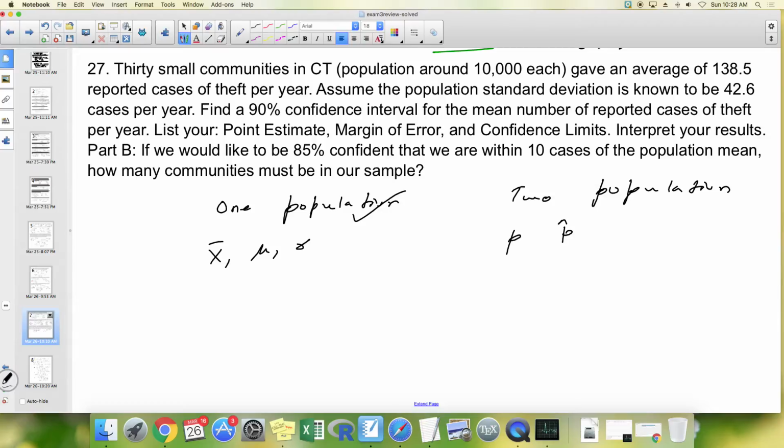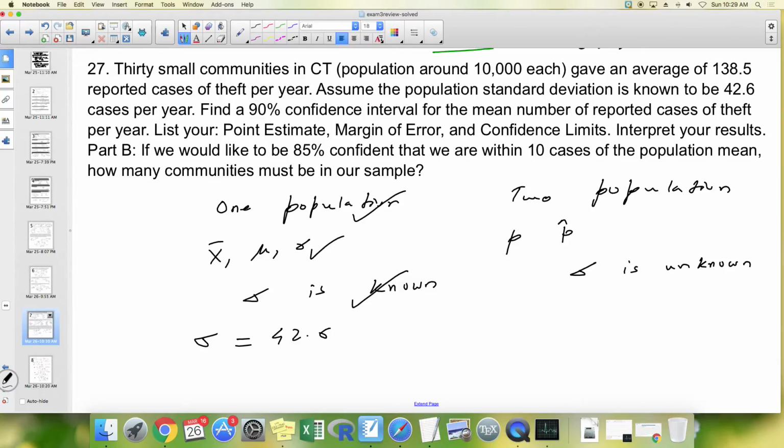So if you take a look, it's about these kind of things. And if that's true, then is sigma known or sigma unknown? Once again, if you take a look, sigma is known. So actually, assume that the population standard deviation is known to be 42.6.